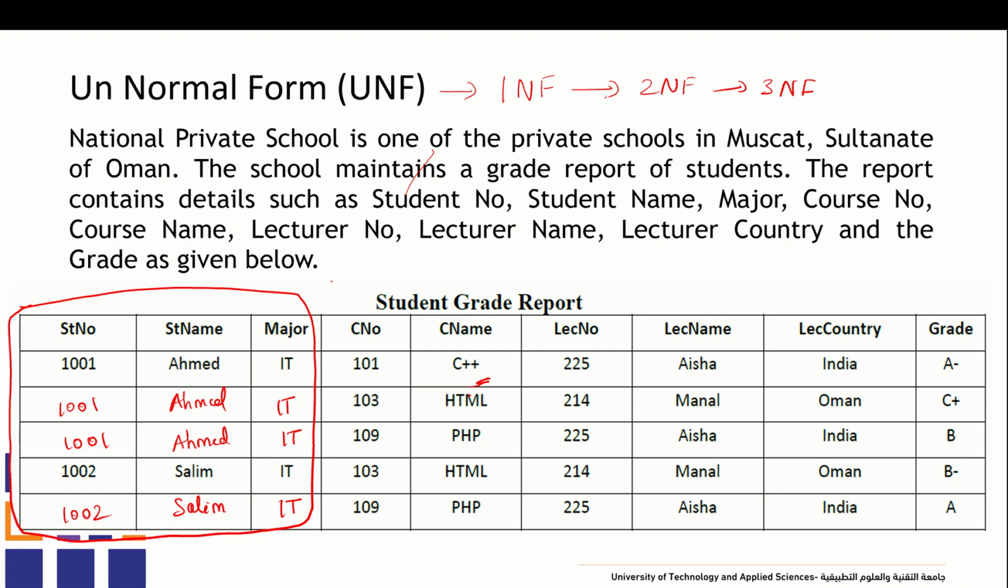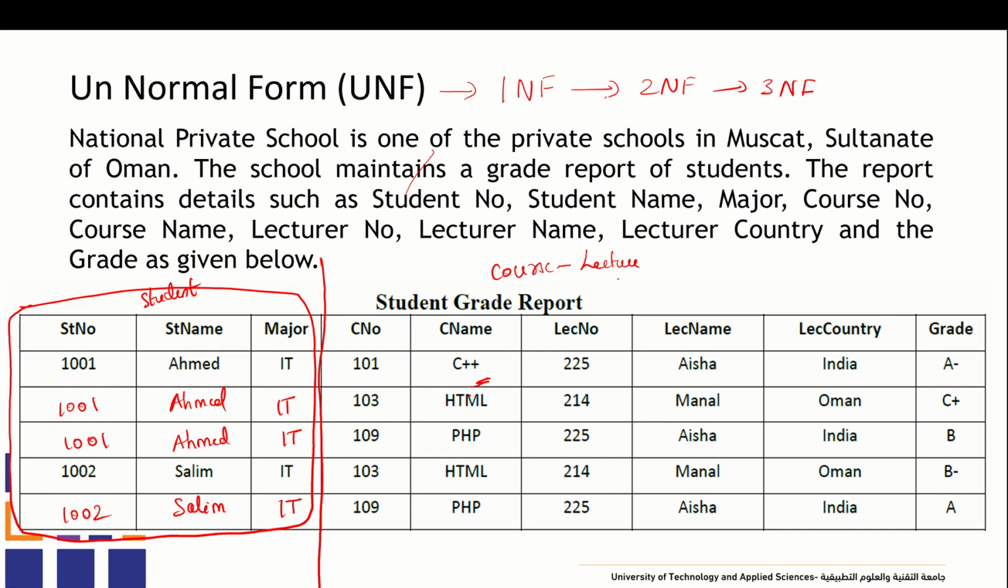So what I do, I divide this table into two parts. This will be one table, which I will call the student table. This one I will call the course lecture table, because we have information about the course and also the lecture.